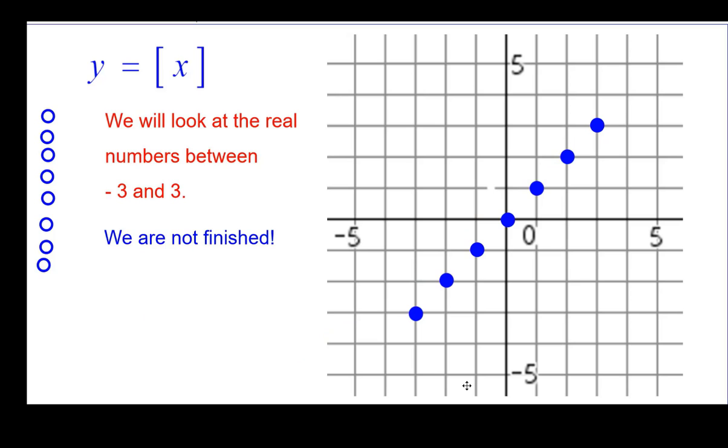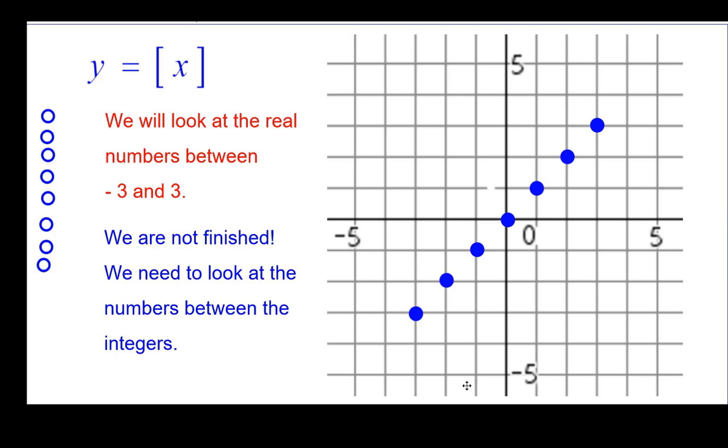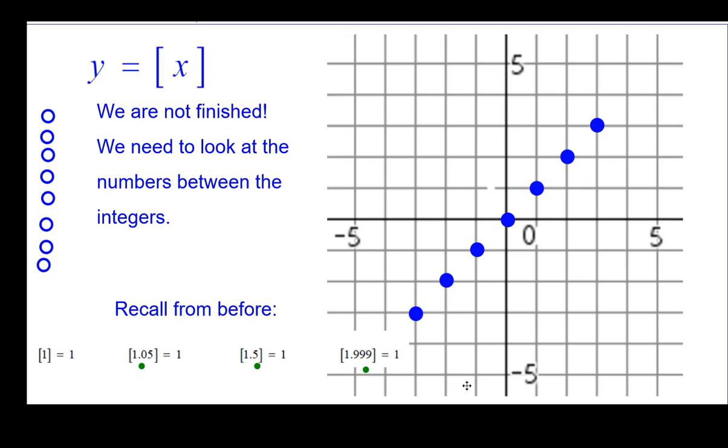Now, we're not finished. People think, oh, it's a line. Good, this was real easy. No, we haven't looked at the numbers between them. And those are different answers. Let's start with 1. We know 1 is 1. Greatest integer of 1.05 is 1. So let's go ahead and plot that one.